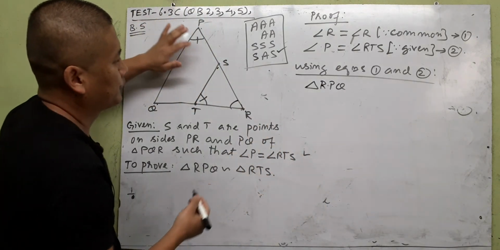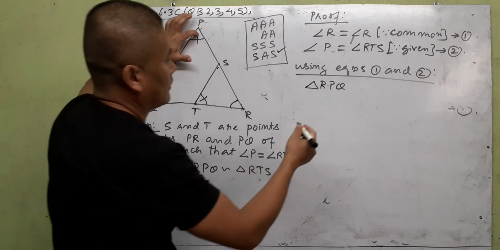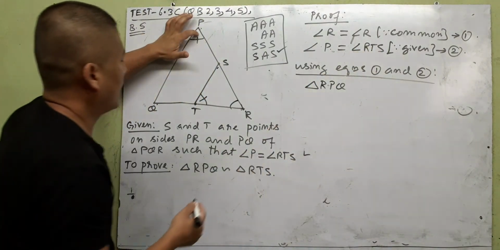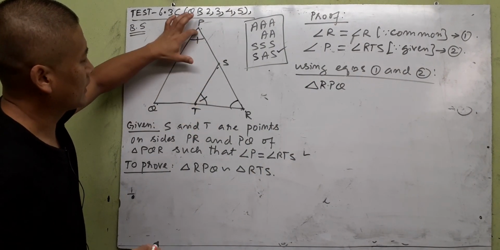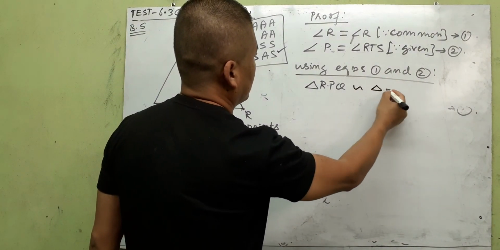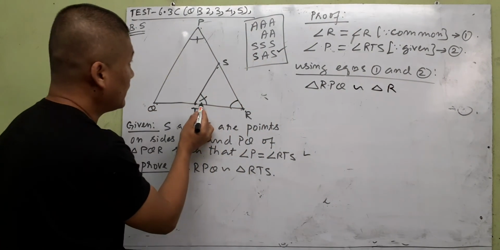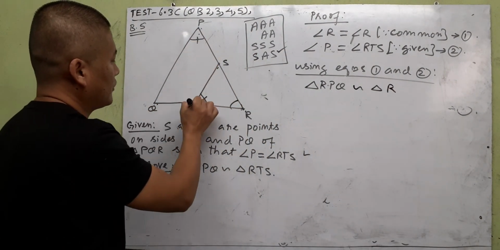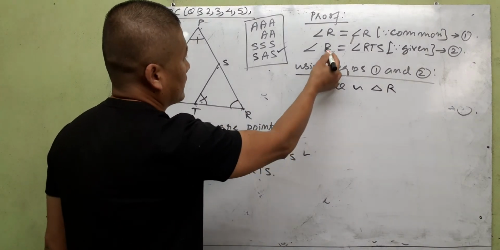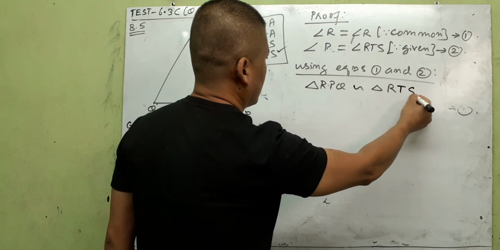Then next, angle P in the big triangle is equal to RTS. P is in the second position, so T should be in the second position. Triangle RPQ is similar to triangle RTS. T and P are the equal angles, P is the middle point, so T should be the second point, and then the third letter is this one.